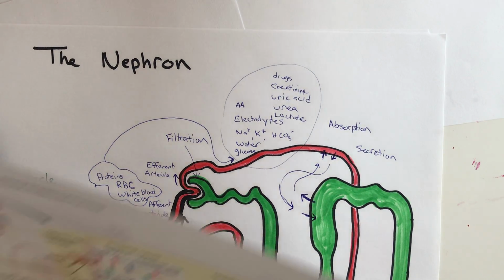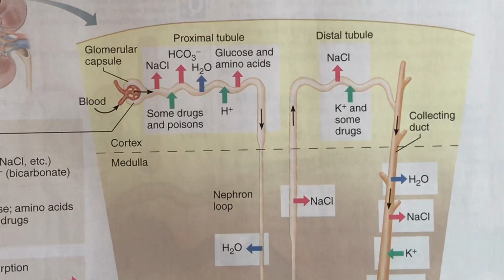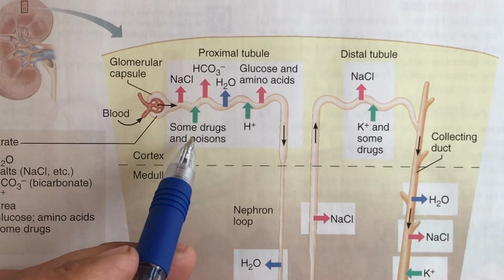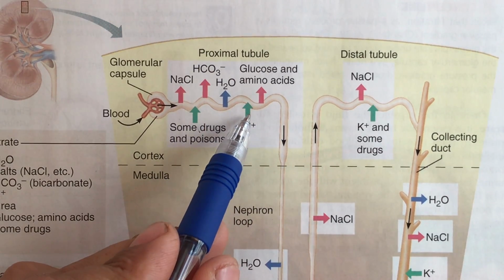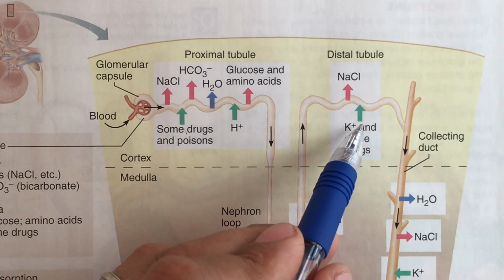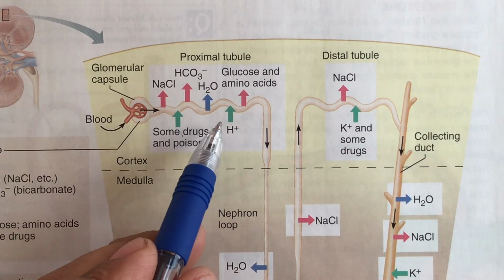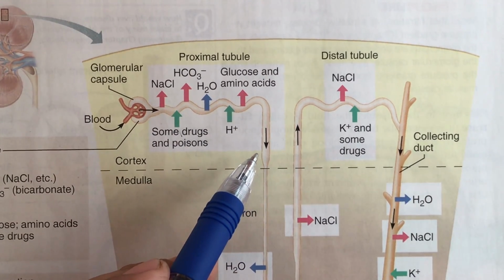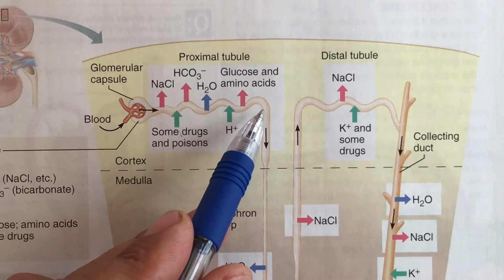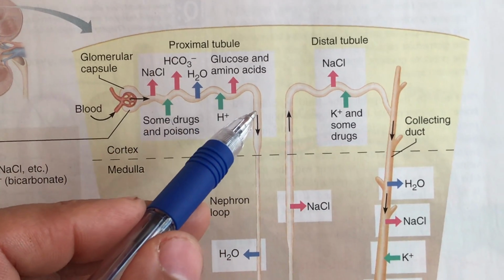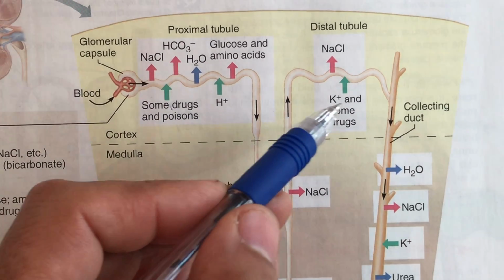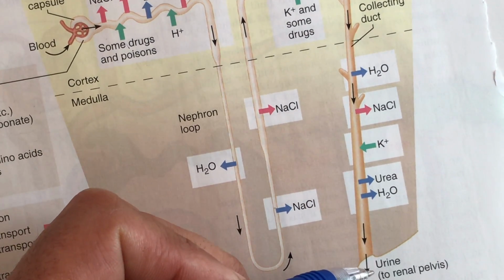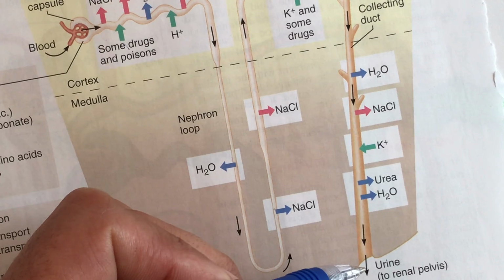And in a lot of these diagrams, we look at just the tube, and we see a lot of arrows going into the tube, and so we think, oh, we're absorbing, it's going in. No, that's actually the opposite. If it goes into the tube, we're secreting. Why? Because if it stays in the tube all the way through, we're going to urinate it out. It's going to be excreted out of the body.